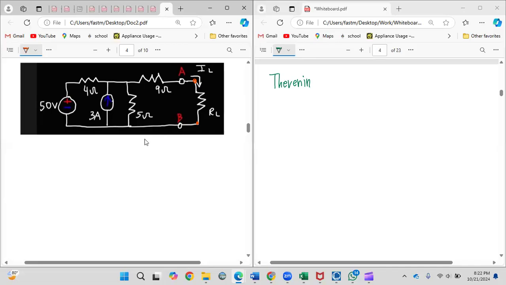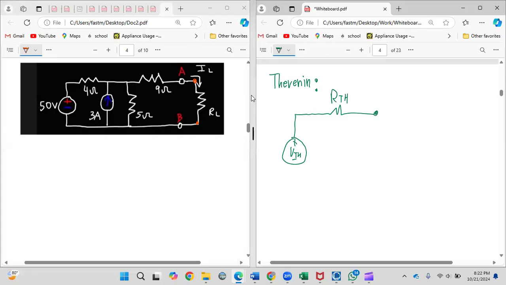So when you're doing Thevenin, the equivalent circuit for it is our voltage source, which you call V Thevenin. Then you have your equivalent resistance looking into the circuit from your load, and then you have your endpoints. This here is where you will potentially plug in your load resistor if you had one to do the calculations with.